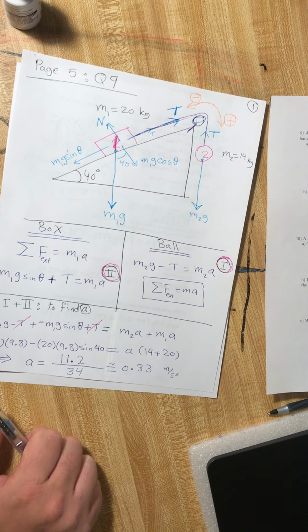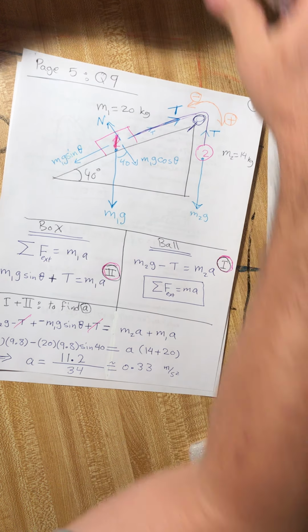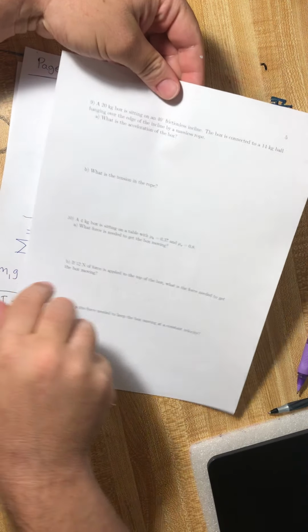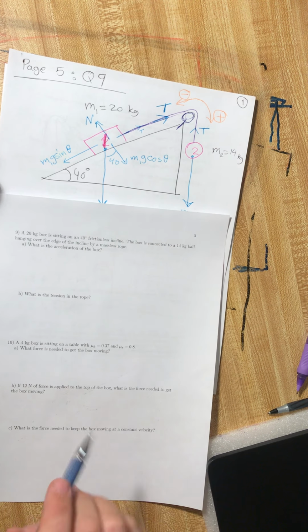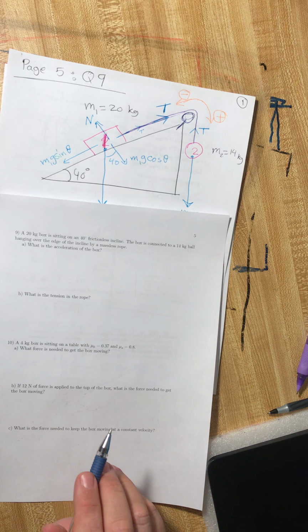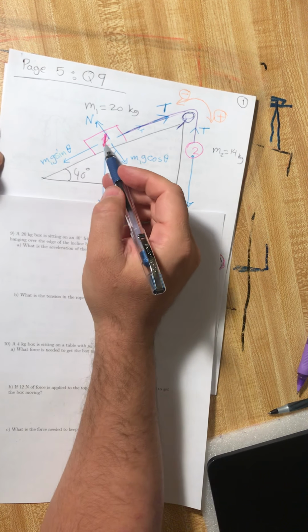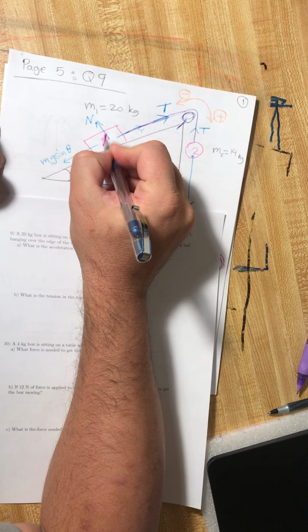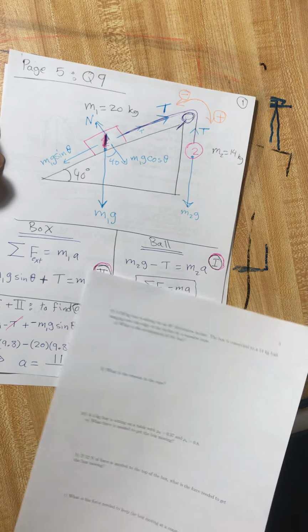Okay, now let us go to question number 9, which is on page number 5. We have an incline and two objects. Object number 1 is a box, and object number 2 is a ball.